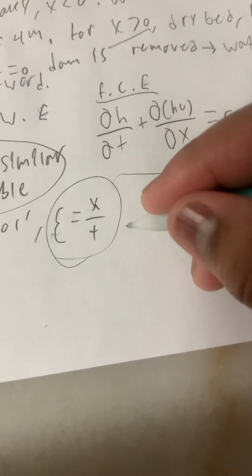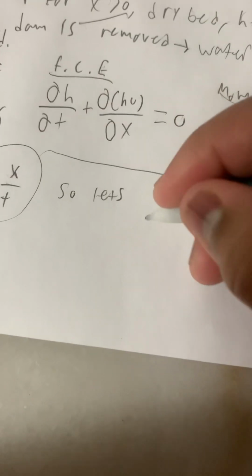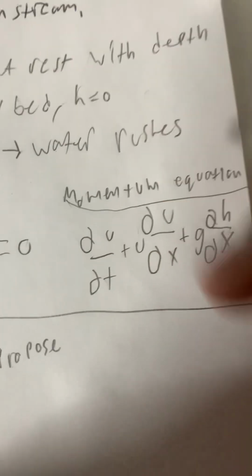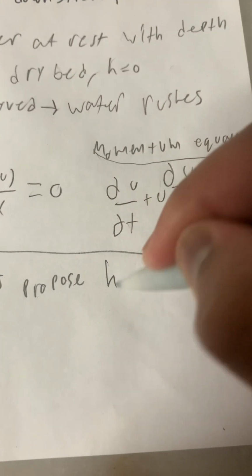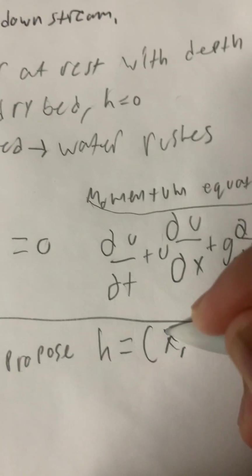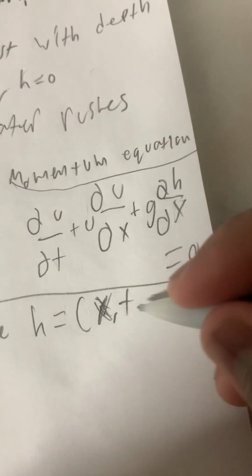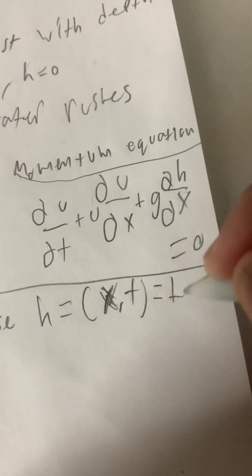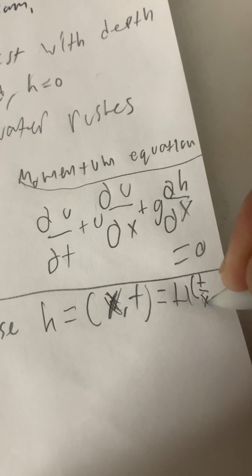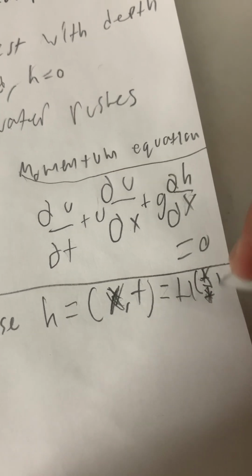So then, in that case, let's propose h of x and t equals h with x over t.